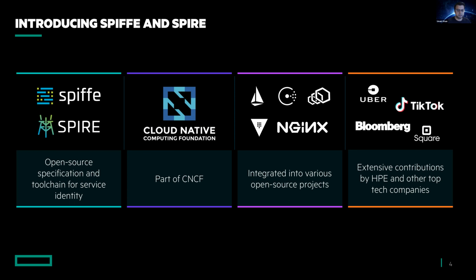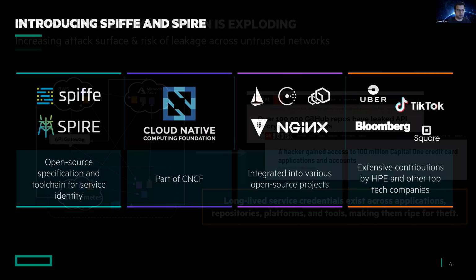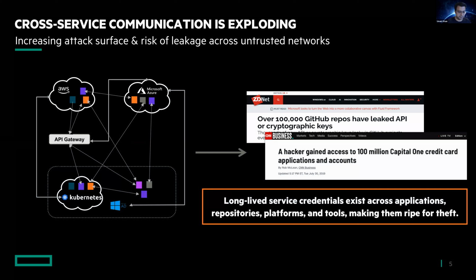Next slide, please. If you take a step back, what problem do SPIFFE and SPIRE solve? I'm not spending too much time on it because it seems like a lot of you already have basic knowledge of SPIFFE and SPIRE. Everyone is seeing this explosion of cross-service communications. You have all these software services running across multiple platforms. In the old days, they used to run within your data center. Now they run outside your data center, on partner sites, and on multiple cloud platforms.